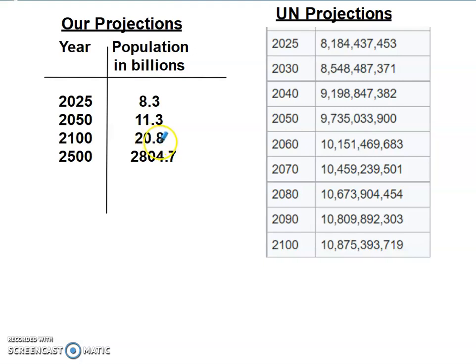In 2100, we would have our model predicting 20.8 billion. You see, now we're almost double what the United Nations is predicting for the population of the planet in the year 2100. So again, the weakness of the exponential growth model is it does pretty well at projecting populations over shorter time frames, but it starts to lose validity over longer time frames.